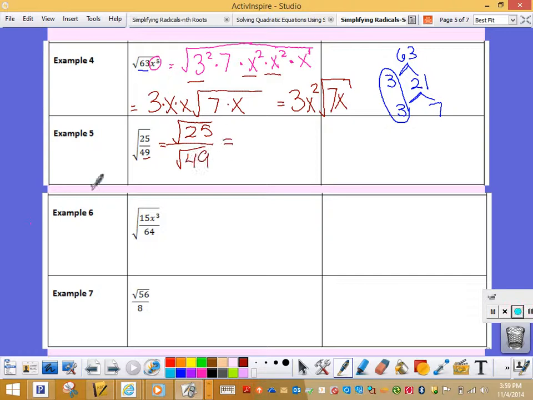And these are nice and pretty square roots. Square root of 25. You're thinking what two numbers multiplied by themselves gives us 25? Well, 5 times 5. So 5 comes out. And what number multiplied by itself gives us 49? Well, that's 7. So a 7 comes out. And that's all the farther you can go.